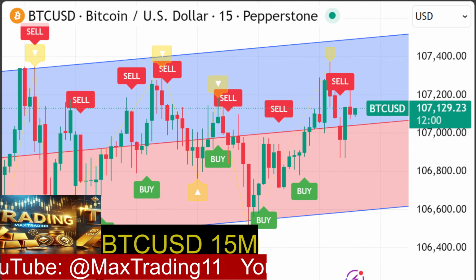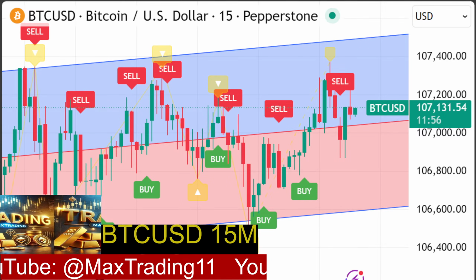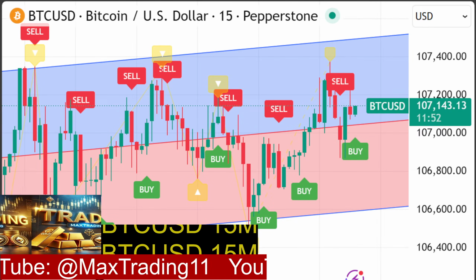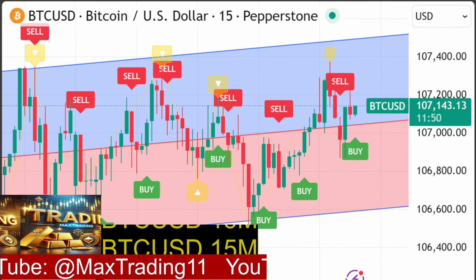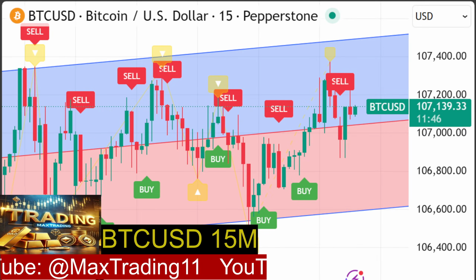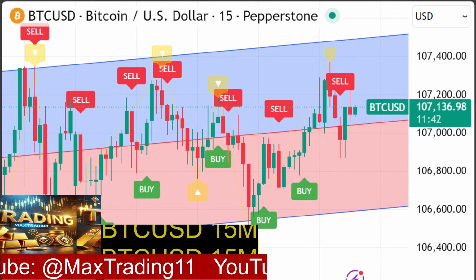In today's volatile global economy, with geopolitical tensions, fluctuating interest rates, and central bank interventions, understanding gold's behavior is essential for traders looking to protect their portfolios or capitalize on short-term movements.